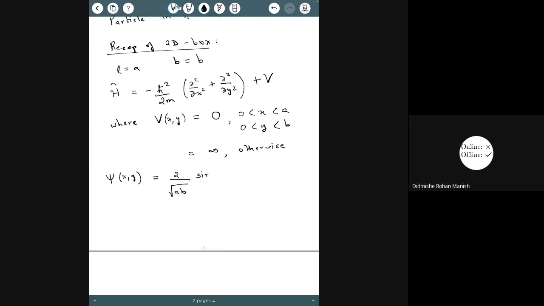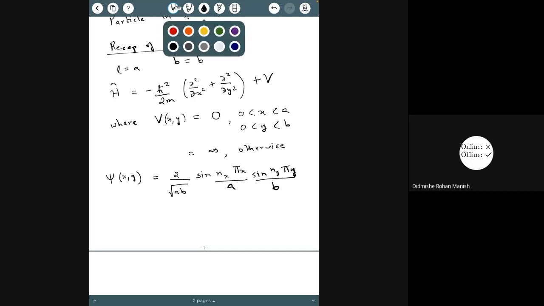Then you would need a more general expansion. So we found out that we have a wave function which is a product of two sine functions, and it looks just like a product of two wave functions from the particle in a one-dimensional box.